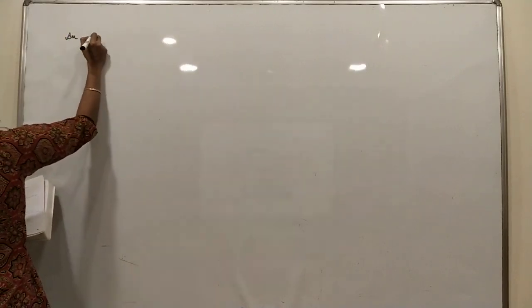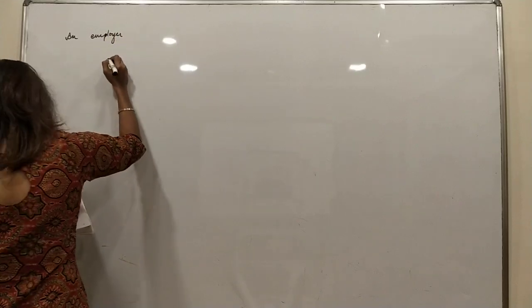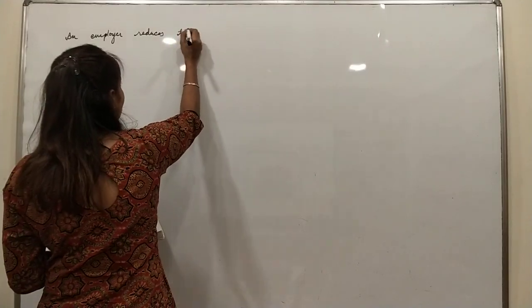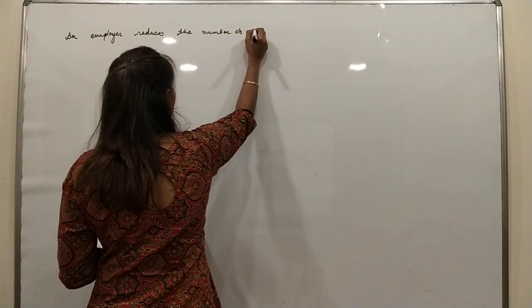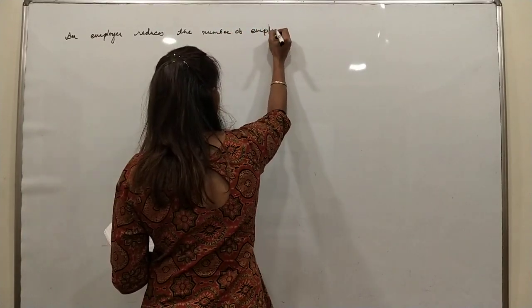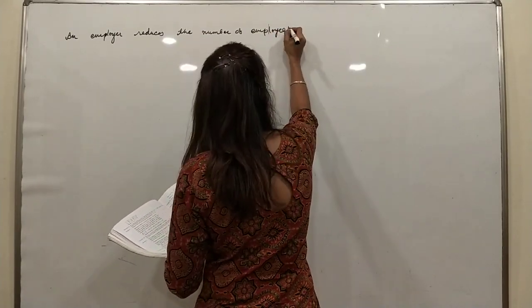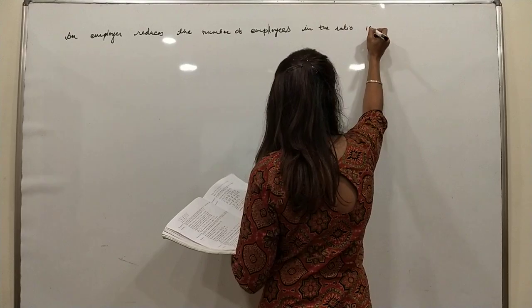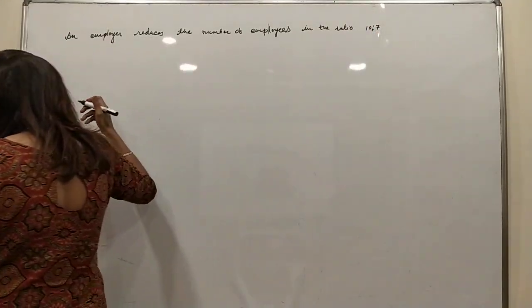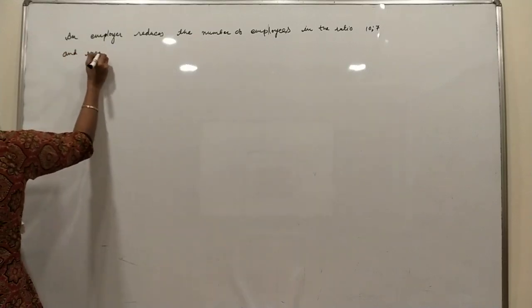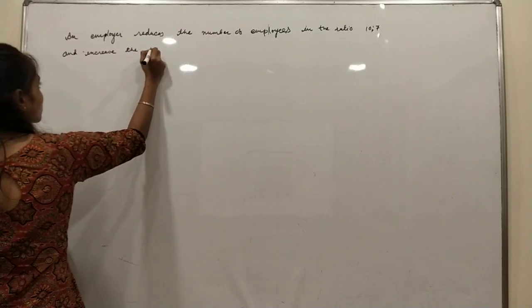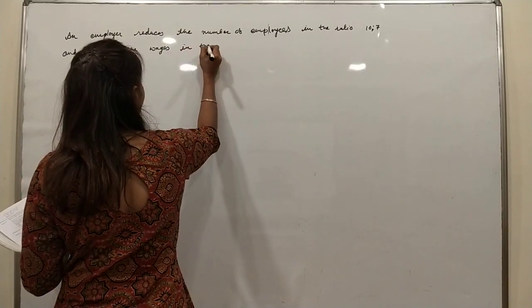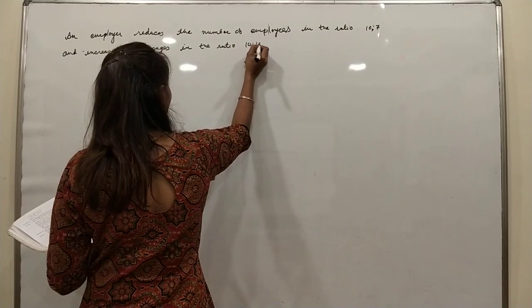An employer reduces the number of employees in the ratio 10:7 and increases the wages in the ratio 14:15.